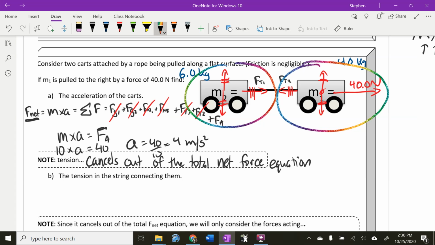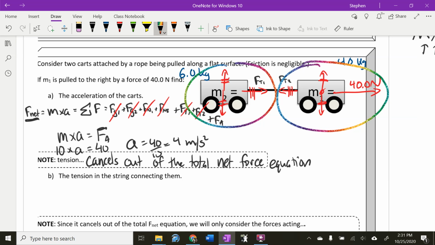Now, we have a choice to make in terms of what's going to make our life simpler. So pause the video if you need to, but think about which of these two objects we would rather use to solve the net force equaling the mass times the acceleration.